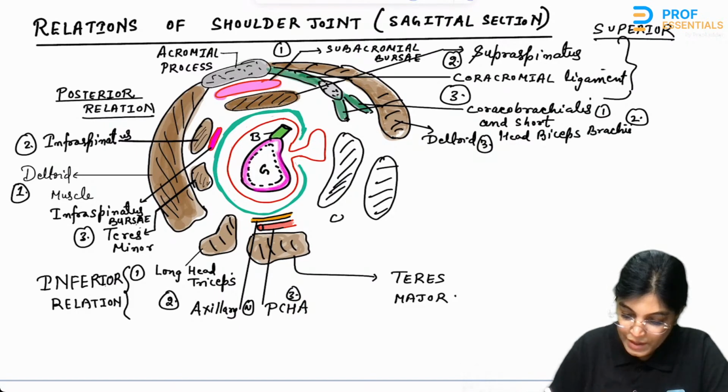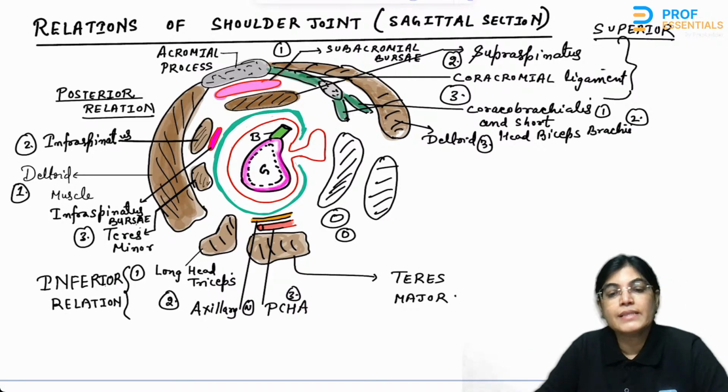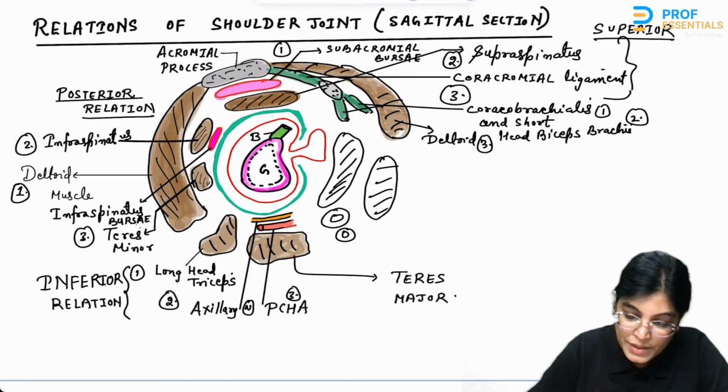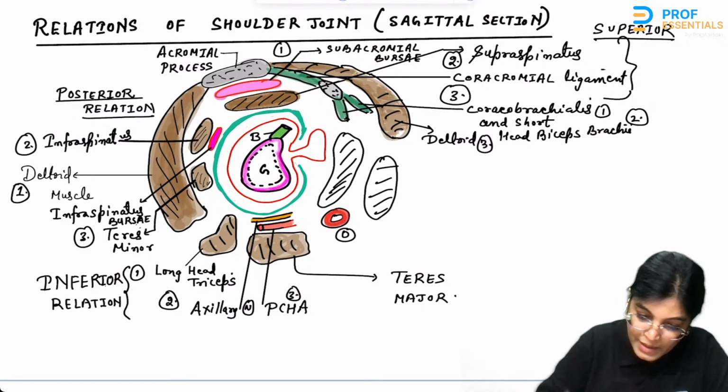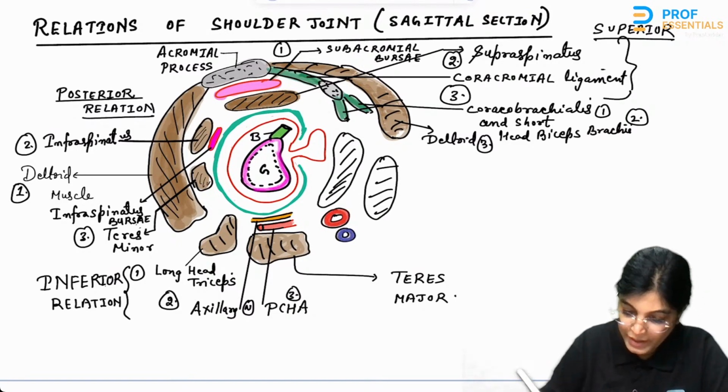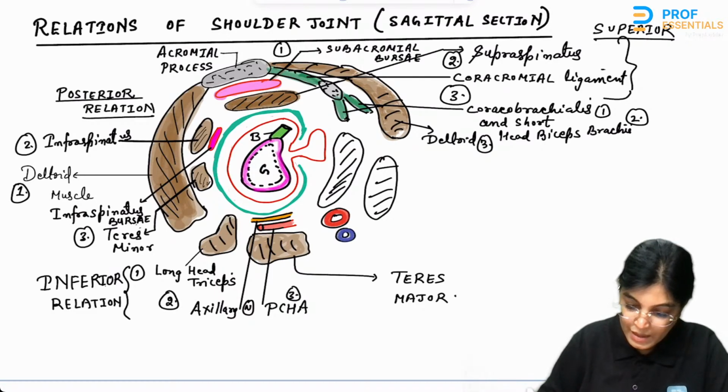And here we will have the cut part of the axillary vein and axillary artery. This is the axillary artery and this is the axillary vein. And these muscles are the anterior relation, subscapularis, and subscapularis bursa also.